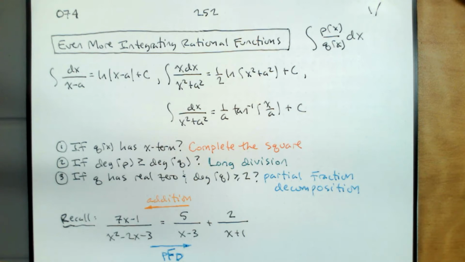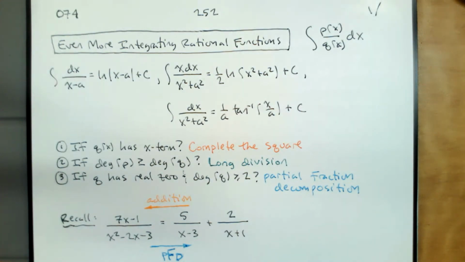If the degree of p of x is greater than or equal to the degree of q of x, that's the degree of the top is bigger than the degree of the bottom, then we have an algebraic answer for that. So notice that in none of our three cases is the degree of the numerator greater than or equal to the denominator. 0 over 1, 1 over 2, 0 over 2.